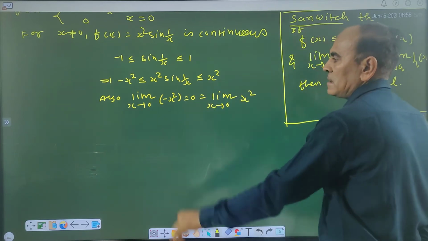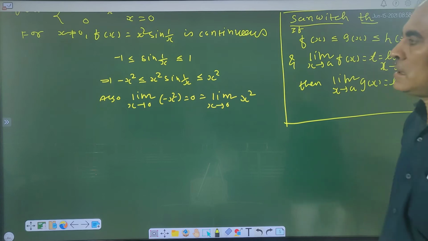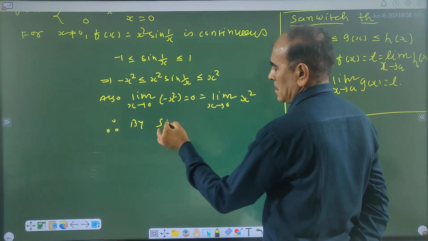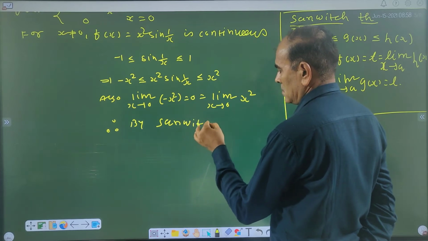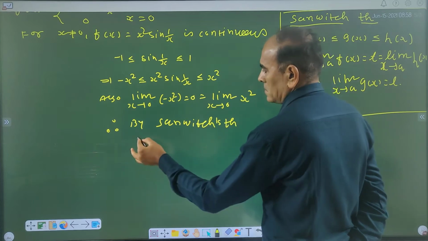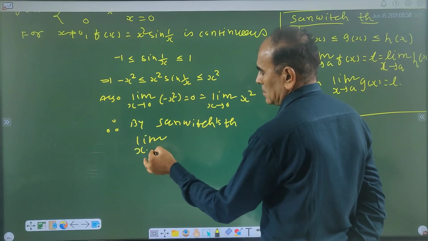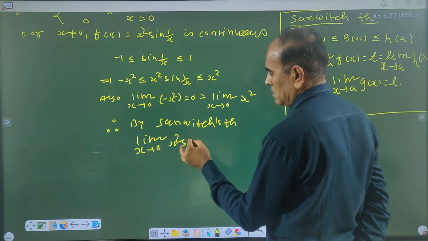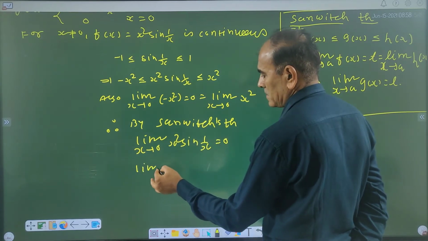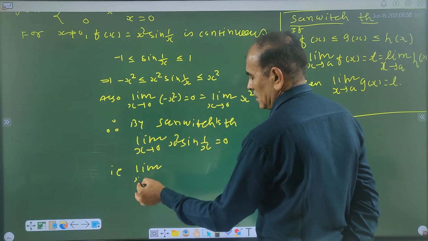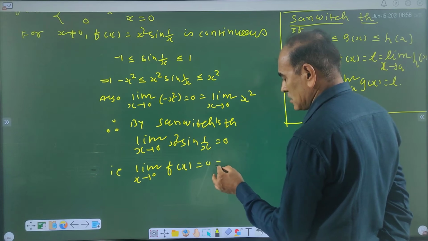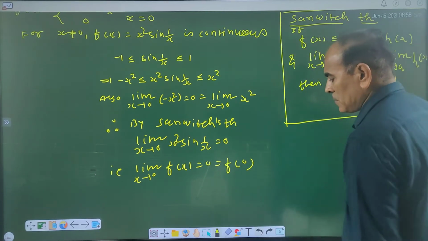Both have the same limit. And therefore, by the sandwich theorem, limit x tends to 0, x square sin 1 by x is equal to 0. That is, limit x tends to 0, f of x is equal to 0, and that is also f of 0, as given.